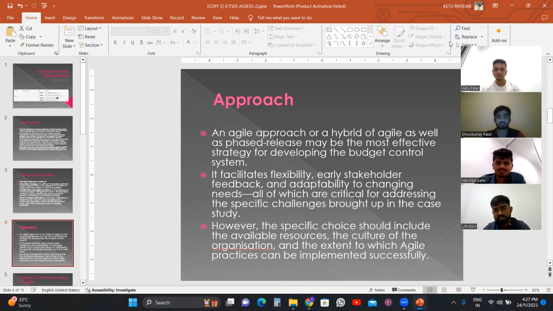However, some specific choices should include the available resources, the culture of the organization, and the extent to which agile practices can be implemented successfully. So in short, the agile process is very beneficial for this project.